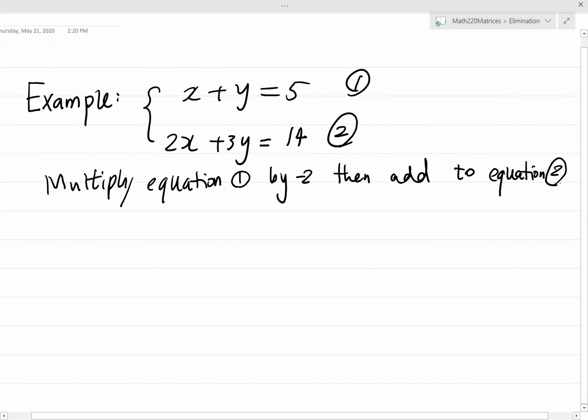Multiplying equation 1, we get negative 2x, negative 2y equal to negative 10. Now add to equation 2.